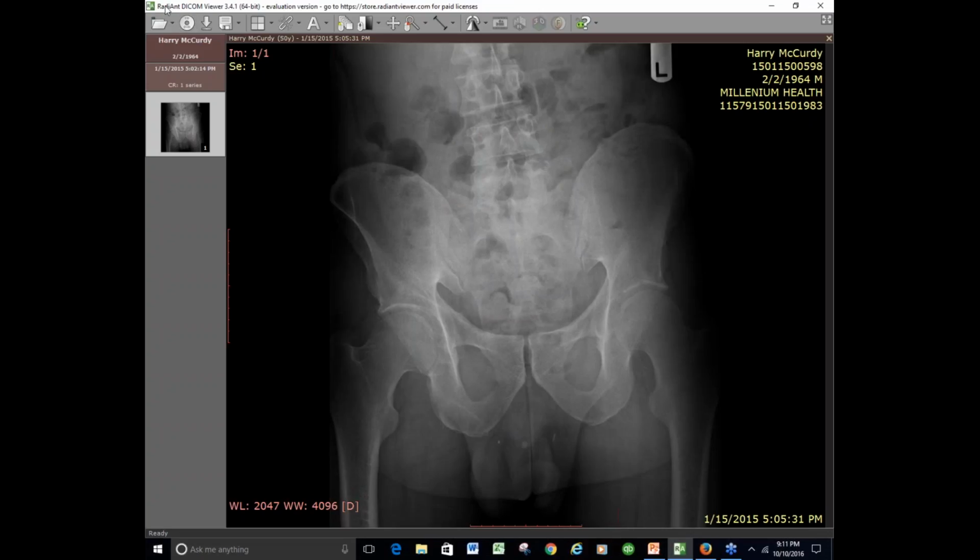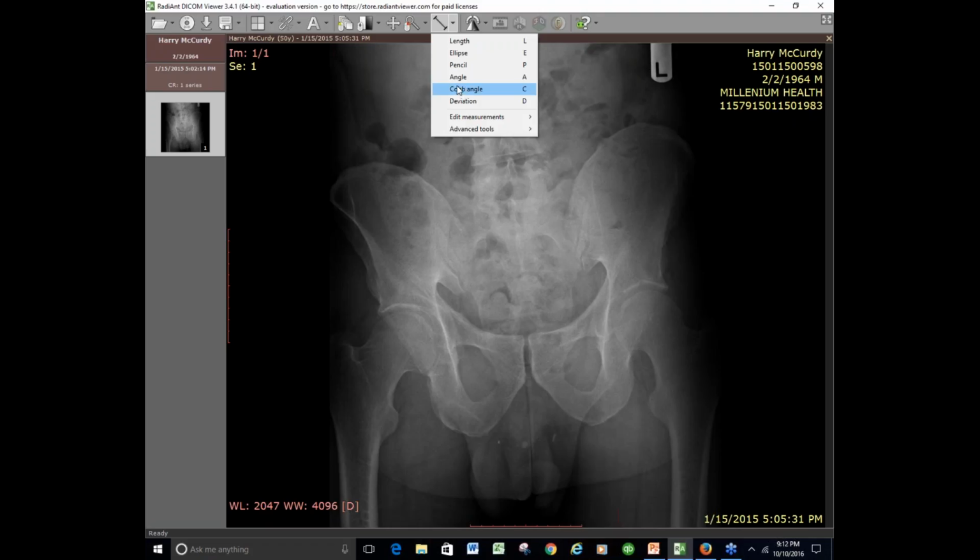Now you can see I'm using the Radiant DICOM viewer. And when we got this, one of the things we did was look at the tools that it had. There are some length tools and ellipse tools and pencil tools and angle tools and Cobb angle tools, which are great.